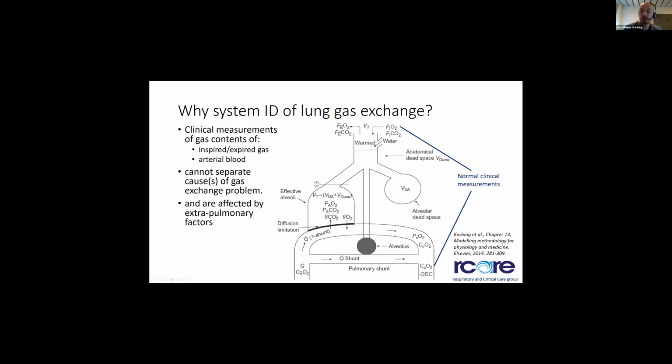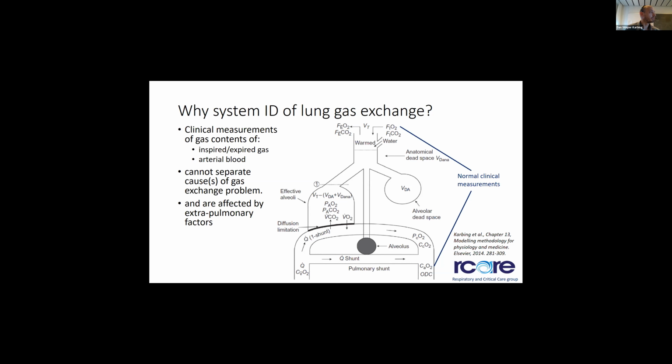That is a relationship between the amount of air entering the unit over time and the amount of blood entering the capillaries reaching those units over time. These units may then again have a degree of diffusion limitation affecting the gas exchange between the alveolar gas and the capillary blood.